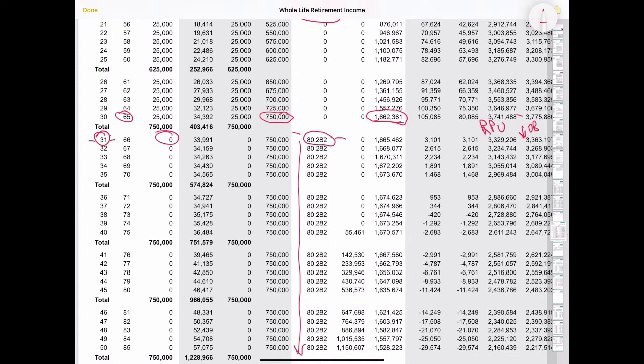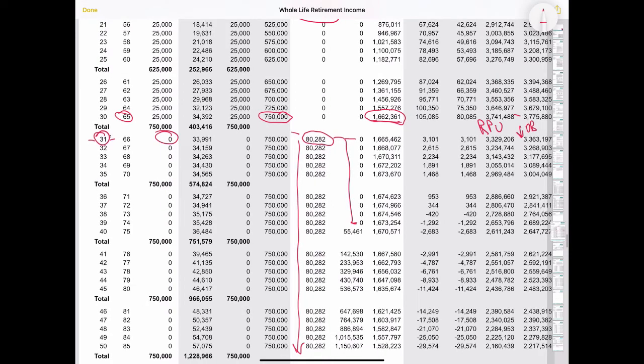And for the first, that's 9 years here, we see zeros on the loan balance side of this. That means that these are all withdrawals.